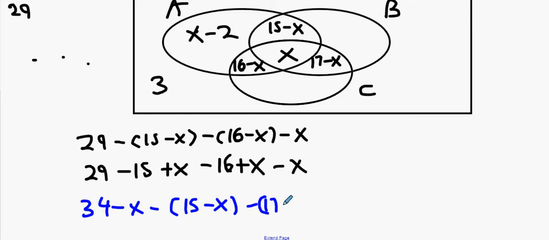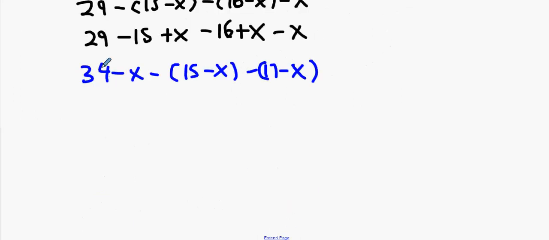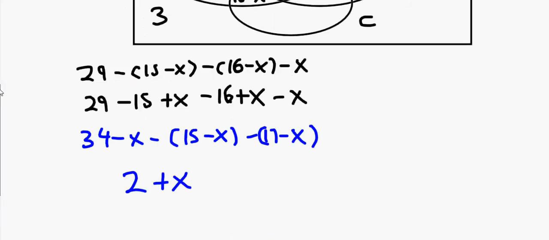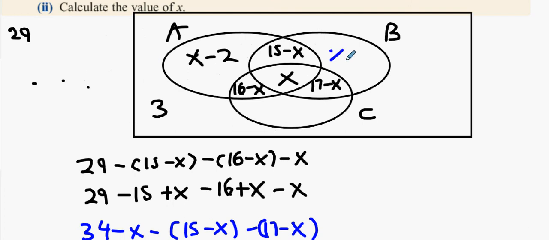This time, if I'm looking for a bit of speed, here's what I do. 34 take away 15 take away 17 is 2. Minus x plus x cancels, plus another x. This one's simply 2 plus x or x plus 2. Everybody happy with that? Okay, x plus 2.